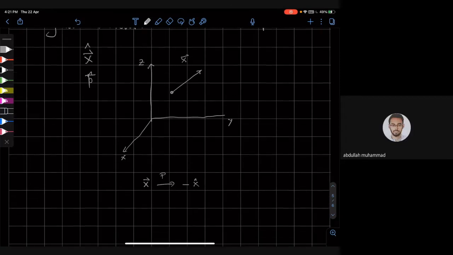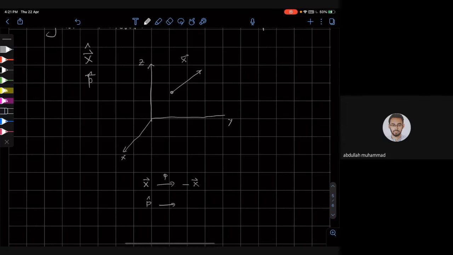So this is how a vector behaves under parity, okay? This is an important concept. Under parity, a vector picks up a minus sign. Now, momentum is mass times the velocity, and velocity has in it time and x.